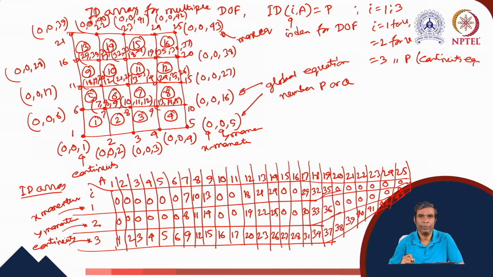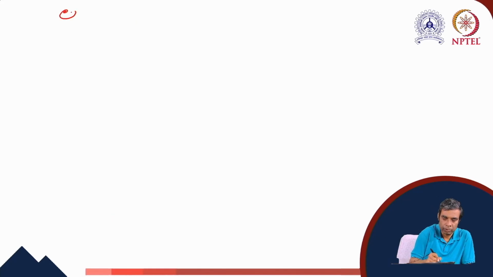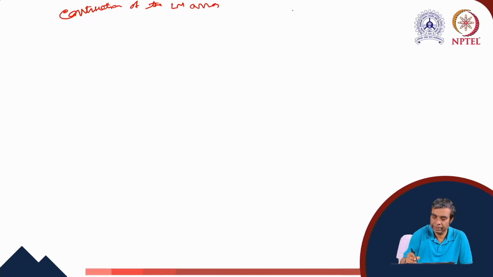Now we are left with the LM array. So now we shall construct the LM array. We need this numbering of the equations again in this case. So here we redraw the mesh once more.